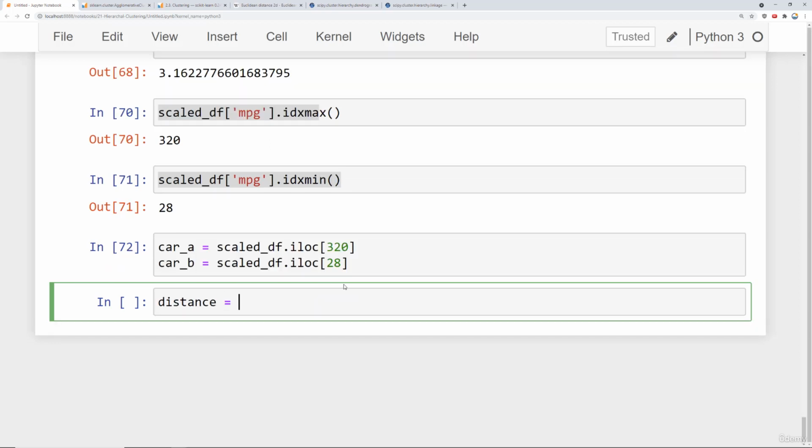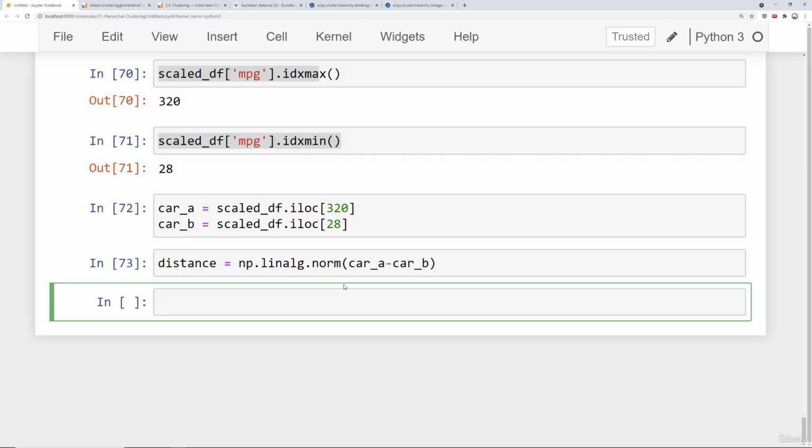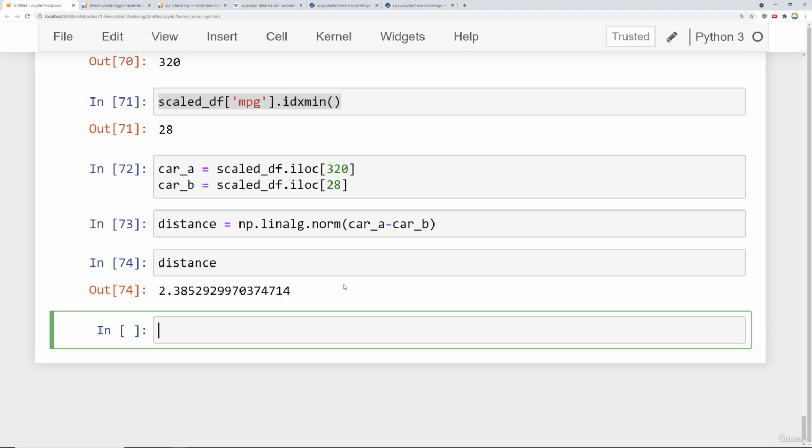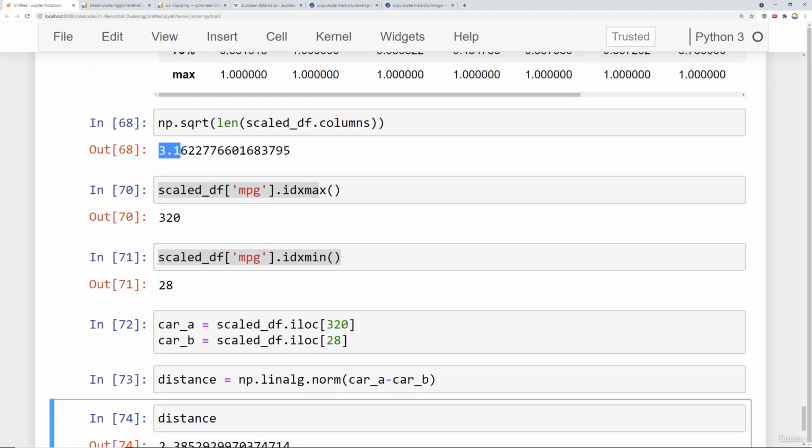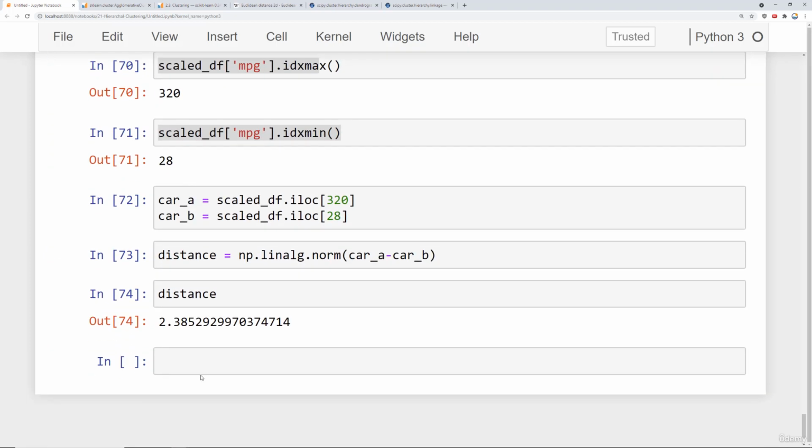The Euclidean distance is simply equal to NP linear algebra norm of car A minus car B. Okay, so the distance here is 2.38, which means I know my theoretical max is 3.16, but realistically, between the two cars, the one that has the most miles per gallon and the least miles per gallon, which we saw is quite a heavy differentiator between these general cars, that distance is 2.38.